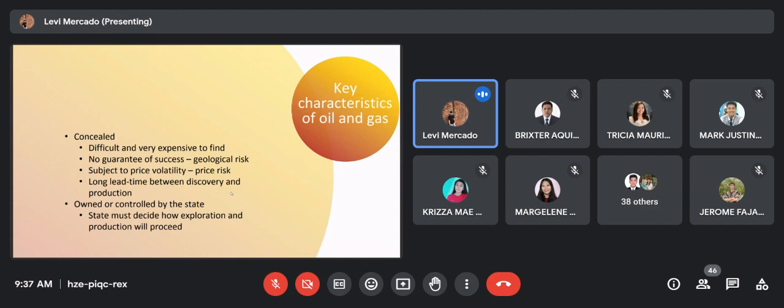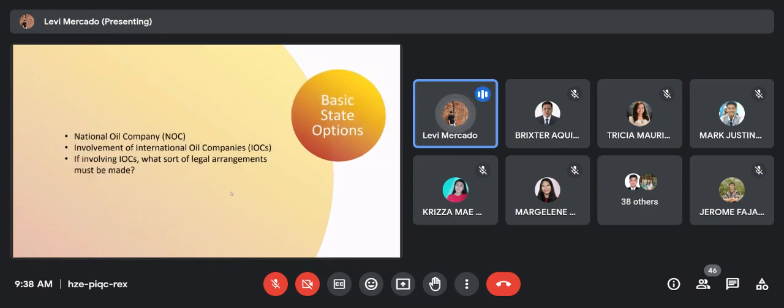So it is owned and controlled by the state. Kagaya ng pag-aari natin, kung ano yung nasa sakop ng teritoryo natin. Atin yun. So yun lang naman sinasabi. Okay.